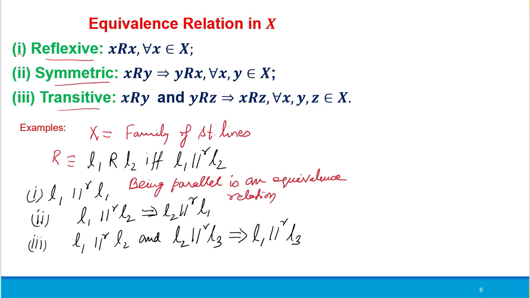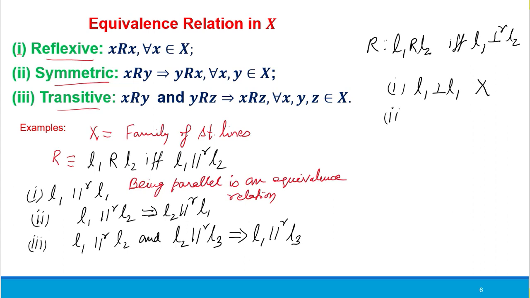Now here on the same family, I define another relation and take L1 is related to L2 if L1 is perpendicular to L2. Now what happens? Can you say that L1 is perpendicular to L1? No, this is not true.